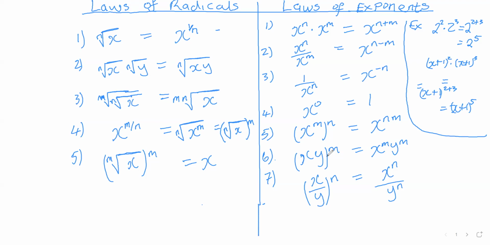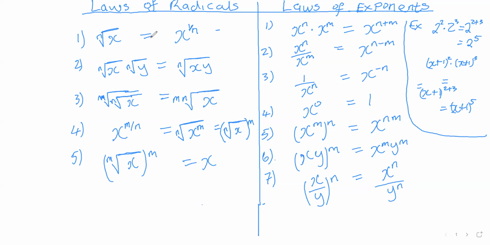This is for product distribution, and this is quotient distribution. So in any quotient, you can distribute the power to each of the expressions in your quotient. We are going to see how to apply these very soon in simplifying expressions.